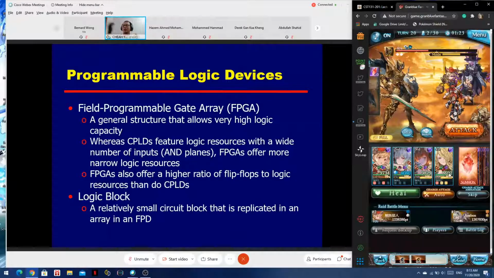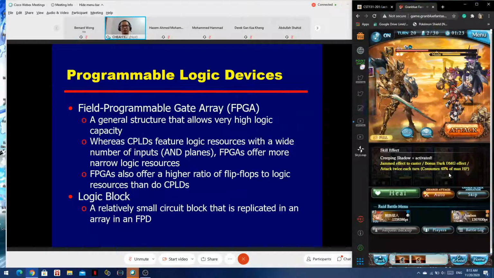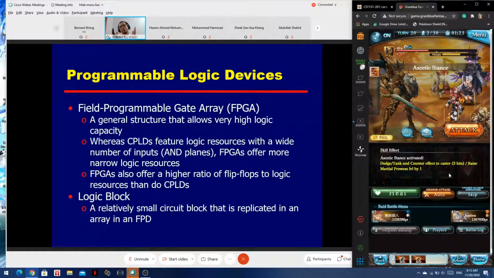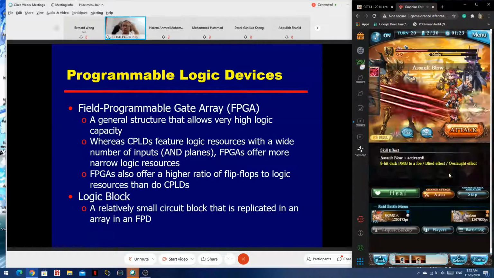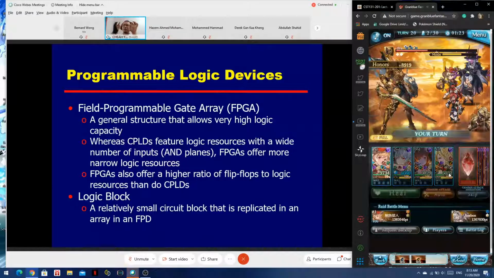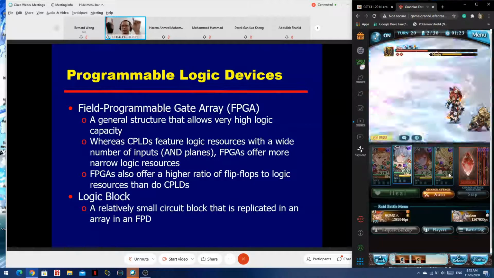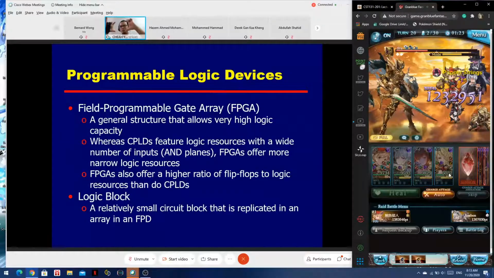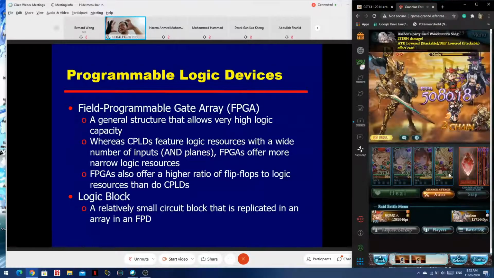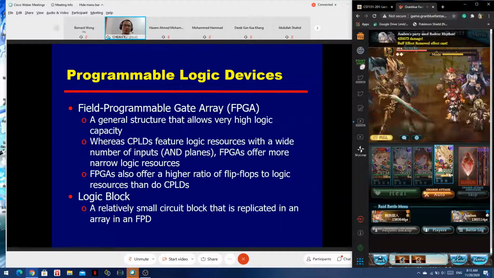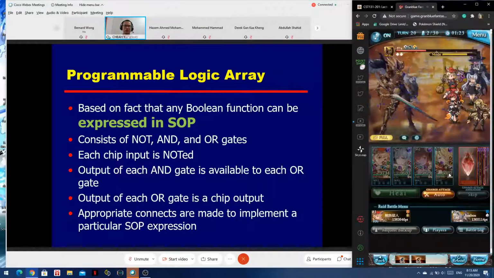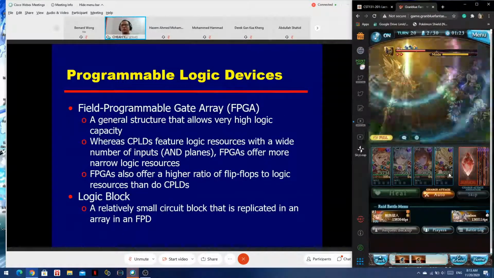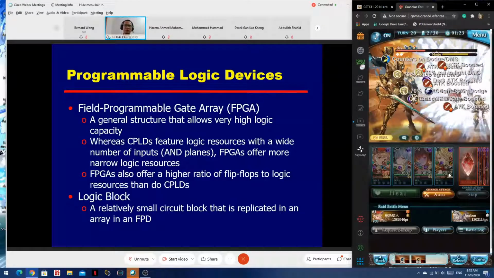It offers a higher number of flip-flops to implement all the various functions. Another good characteristic of FPGA is the logic block, which shows the combination of all the various components in a bigger layout. Later I will show you a diagram of the FPGA.